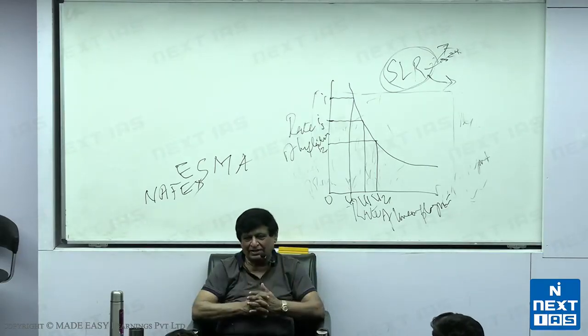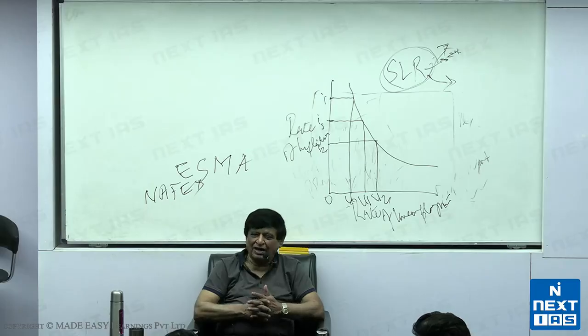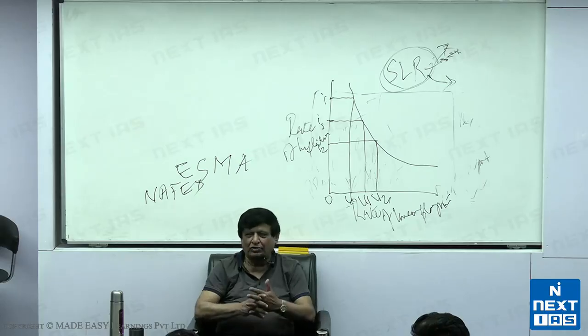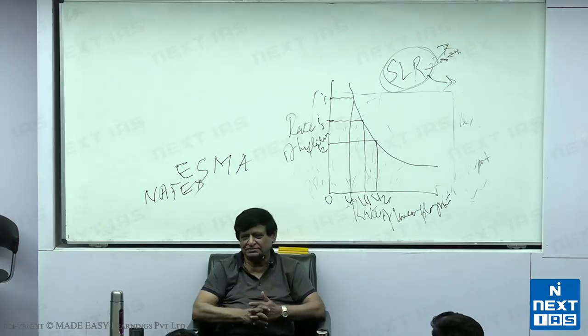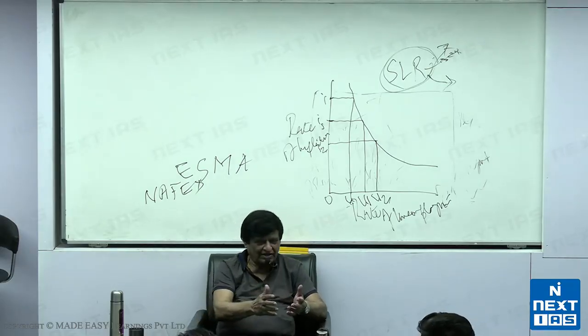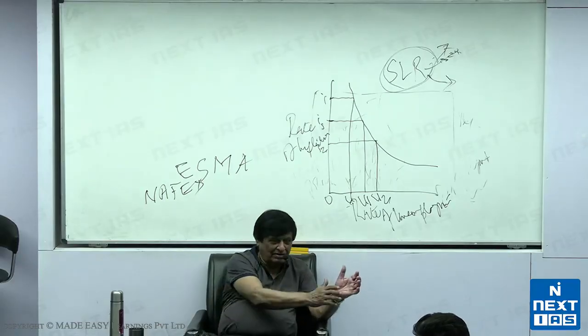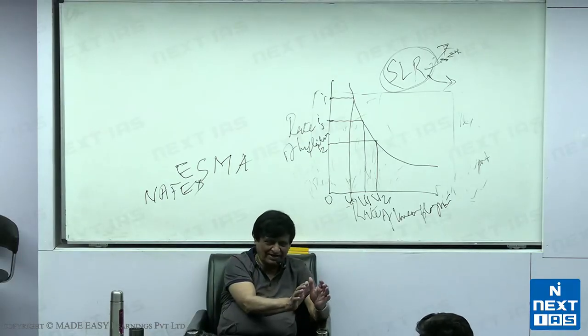The second thing is, at a high rate of inflation, will you like to remain unemployed or will you like to get some job or the other? Obviously, be it at a lower wage rate, correct?